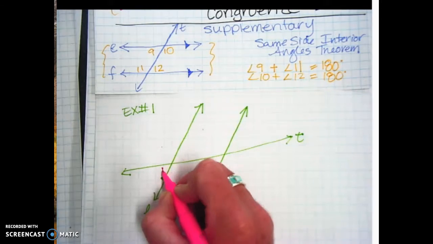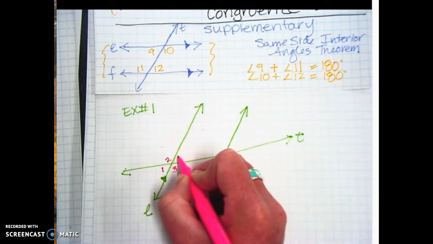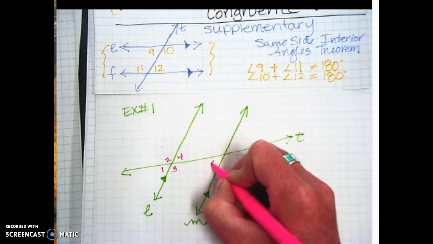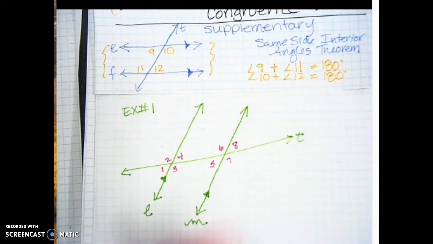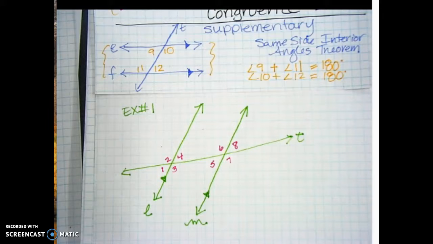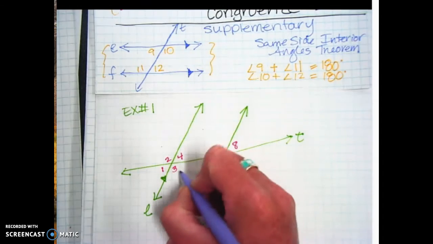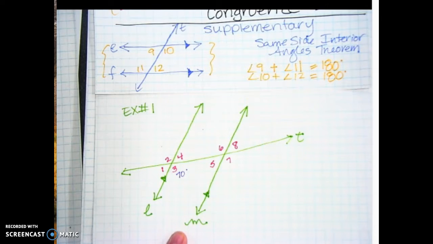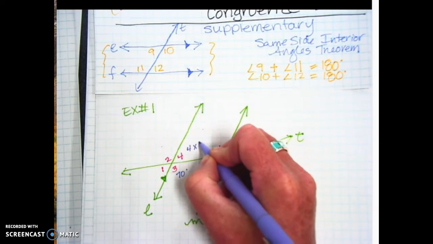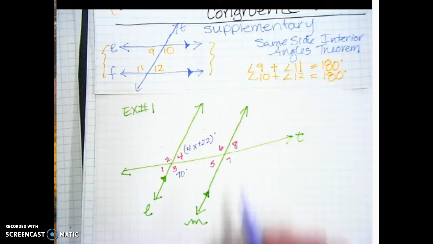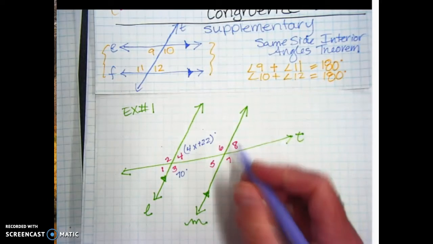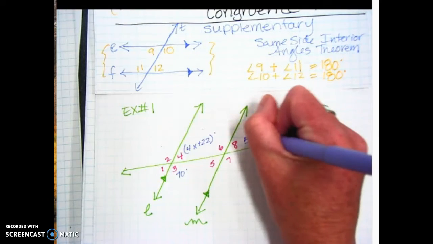So this one's going to be 1, 2, 3, 4, 5, 6, 7, 8. And then I'm also going to give you some information about some of them. Angle 3 is going to be 70 degrees. Angle 4 is going to be 4x plus 22 degrees. And angle 8 is going to be 5x degrees.